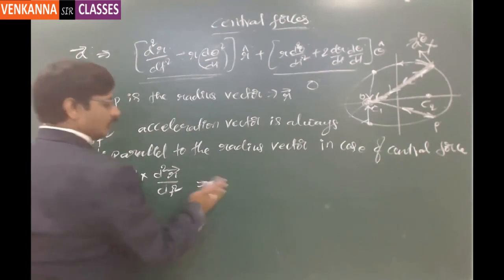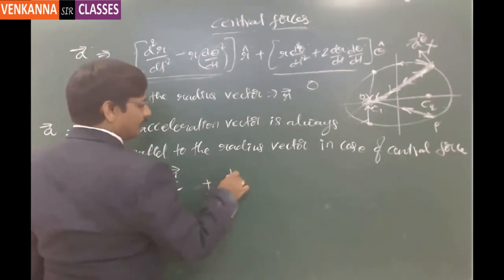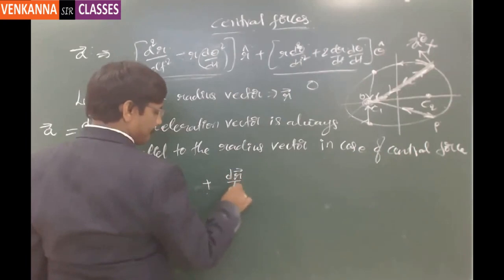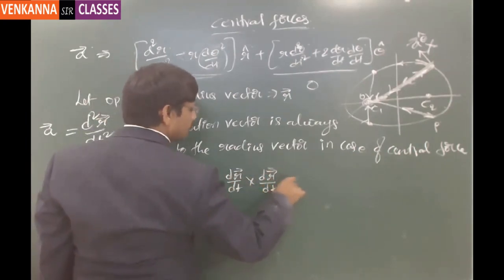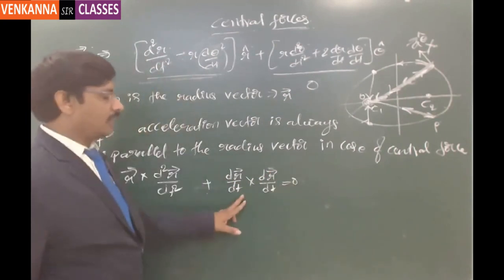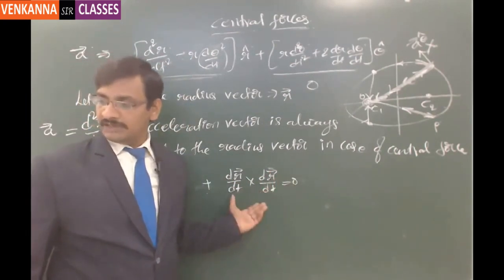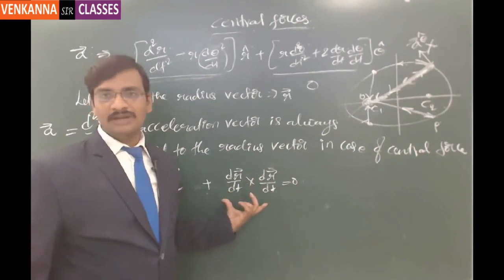Now for this, what I will do is add dr by dt cross dr by dt. So by adding a 0, dr by dt cross dr by dt is anyway 0 because both the vectors are one and the same.